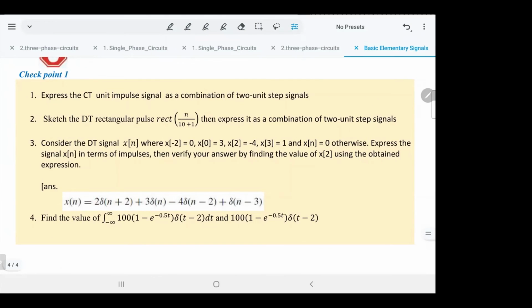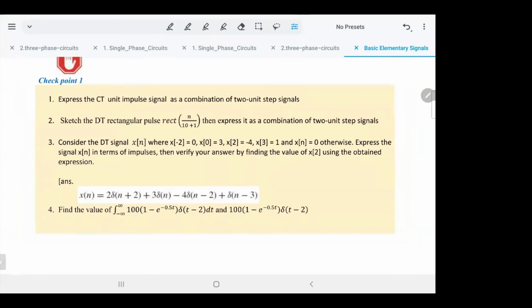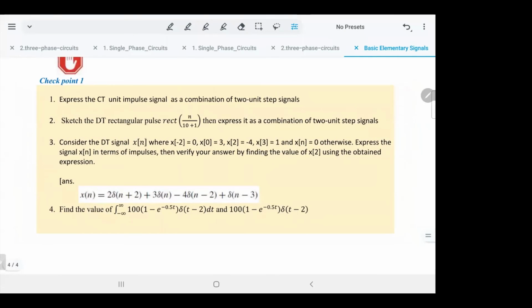Like rectangle n over 10 plus 1. That's a rectangular pulse, right? Can you express the rectangular pulse as a combination of unit steps? Maybe after I explain the operations on signals, it will help you. Do you have any questions on the basic signals?